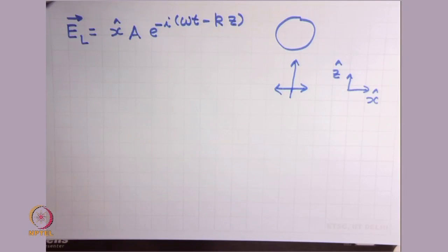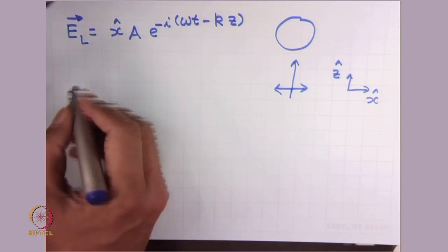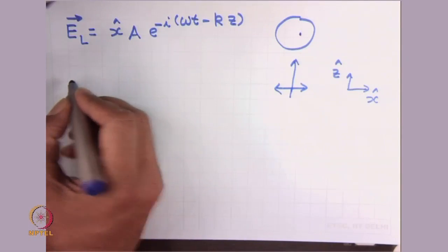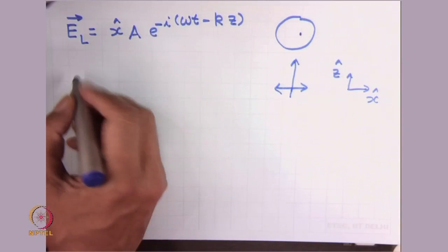So, in order to find the electron response, we solve the equation of motion for the electrons inside this electron sphere, and every electron is displaced by a distance delta.